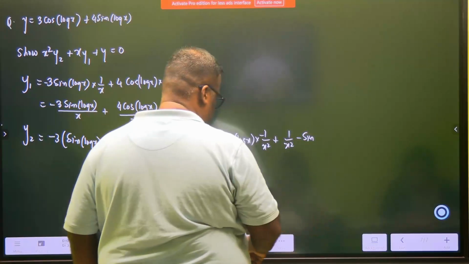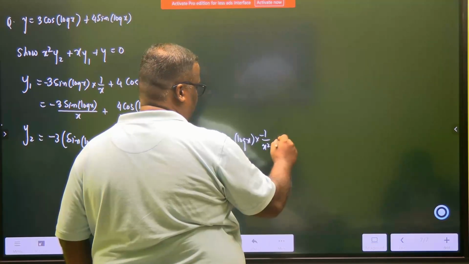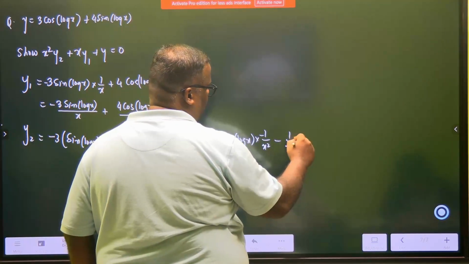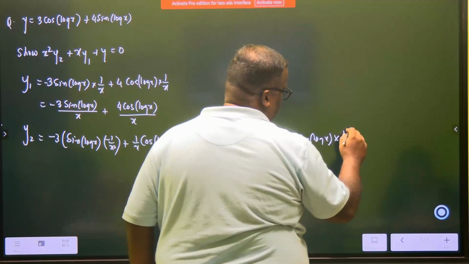So basically this sign will become negative, this whole sign will become negative: 1 by x square sine log x into 1 upon x.